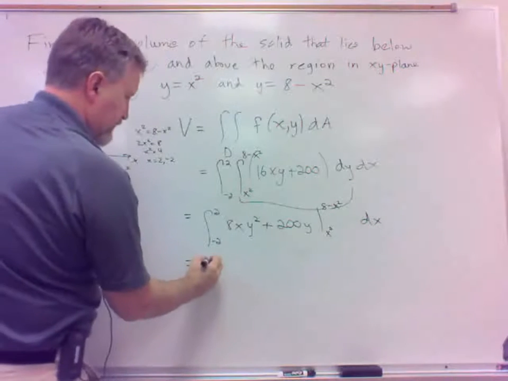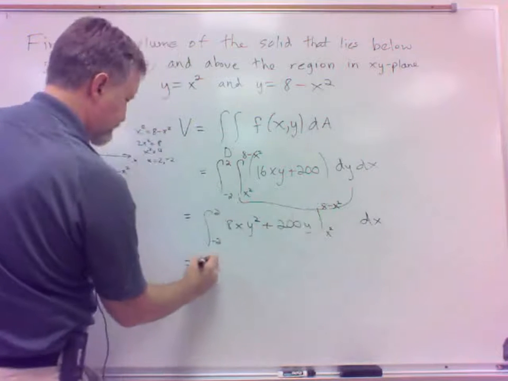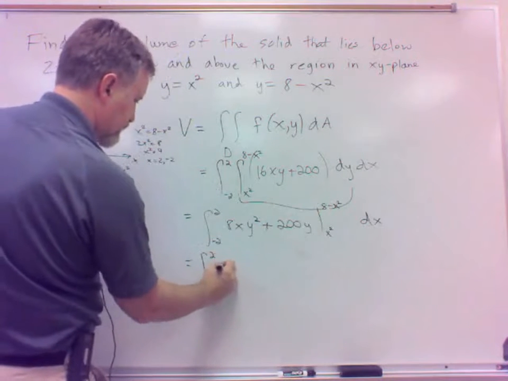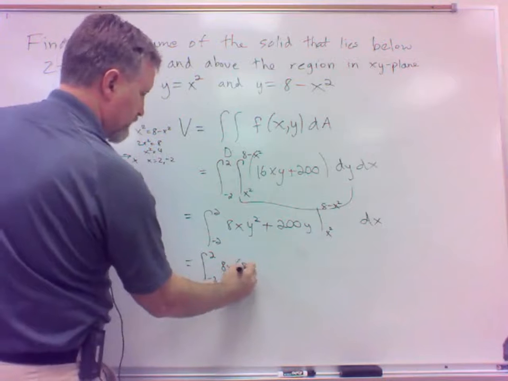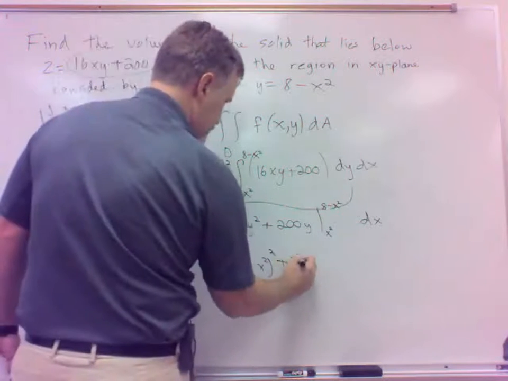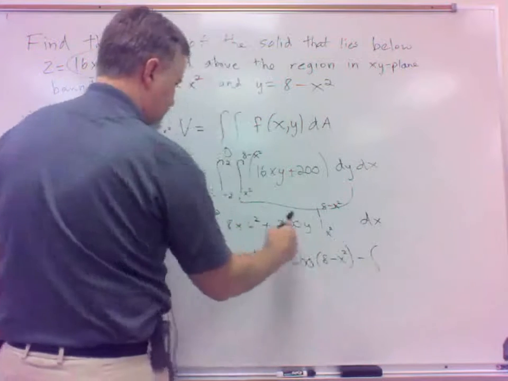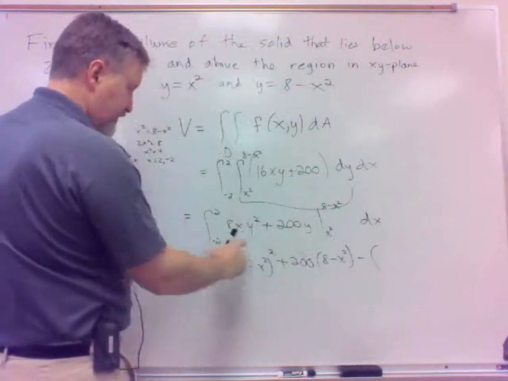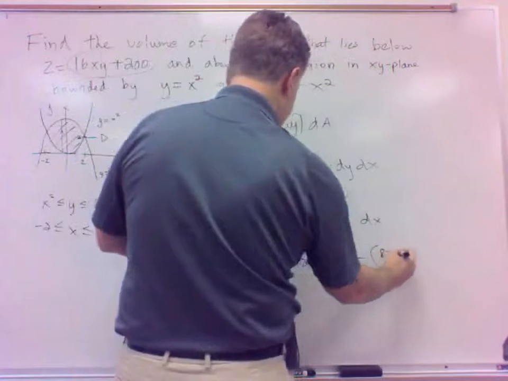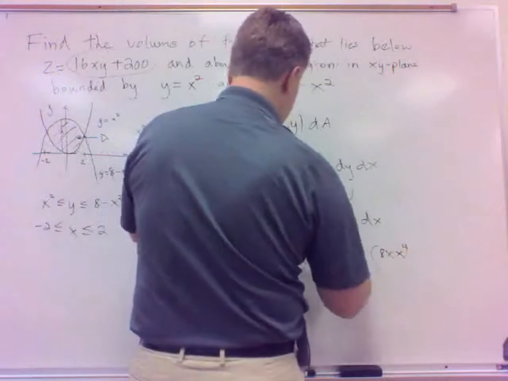Okay, and so that would be, plug in the 8 minus x squared. Have to square it, the only drawback there. And then 200 times 8 minus x squared. And then plug in the x squared for the y, so it'd be 8x times x squared would be x to the 4th, and then 200x squared.